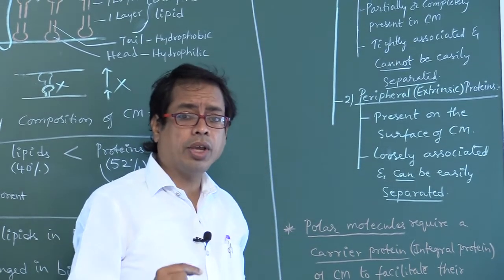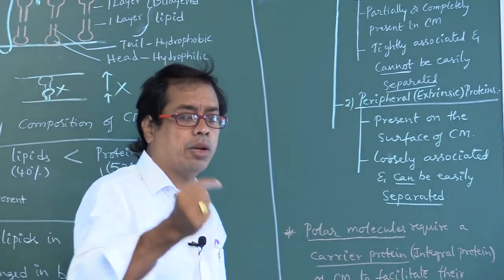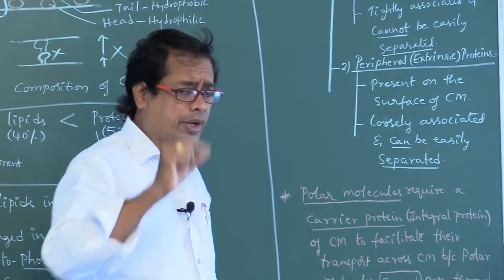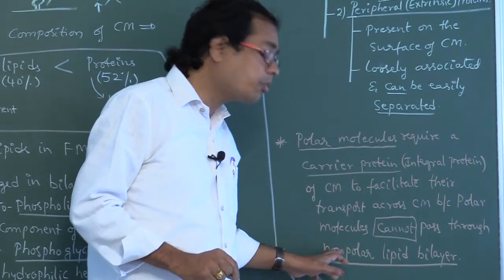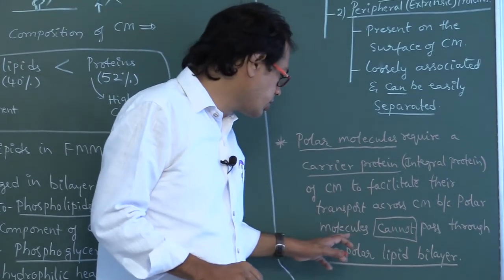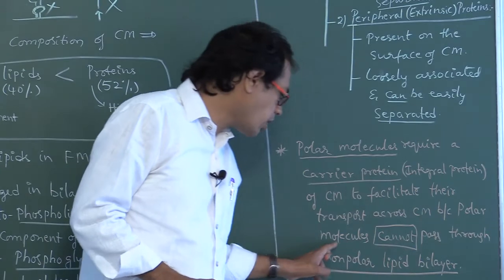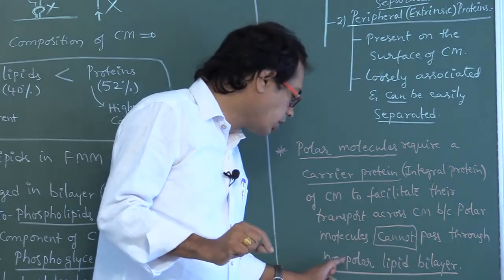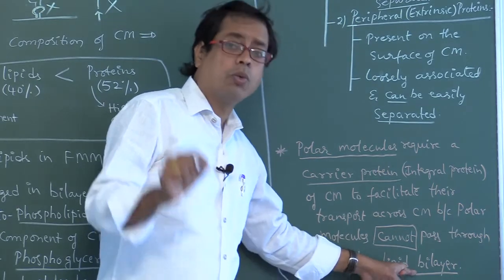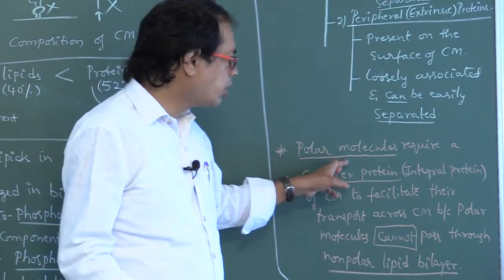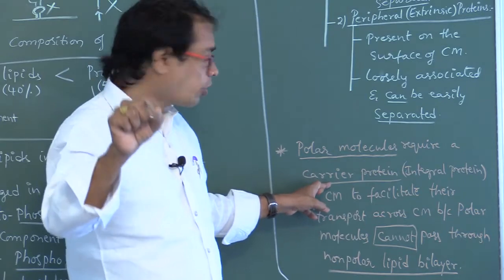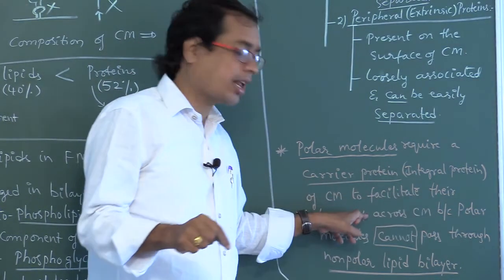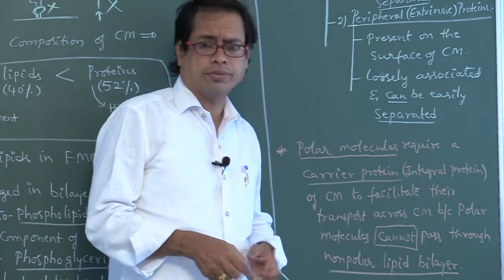So, some molecules will not move from outer to inner or inner to outer. Those molecules should be facilitated to cross the cell membrane. Polar molecules cannot pass through the non-polar lipid bilayer. Why? Because polar molecules require a carrier protein of the cell membrane to facilitate their transport across the cell membrane.